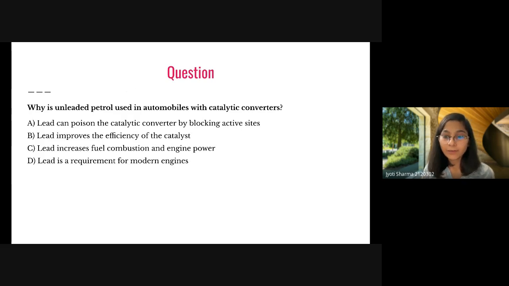Okay, and as you people know, most of the time there is an advertisement that we now have petrol that is unleaded in nature. So in our petrol, the lead has been removed. Why is unleaded petrol used in automobiles with catalytic converters?